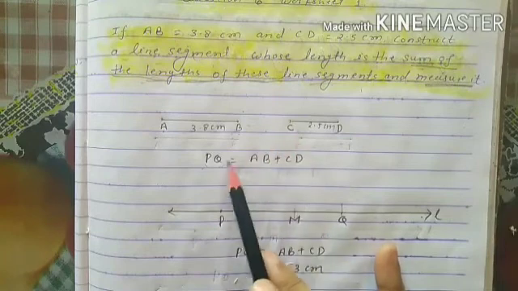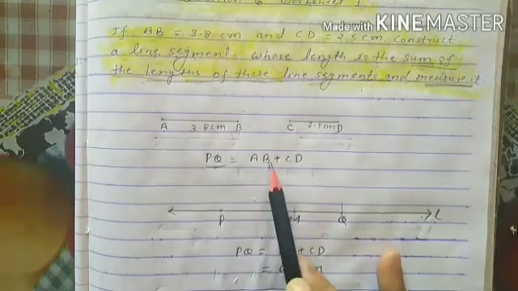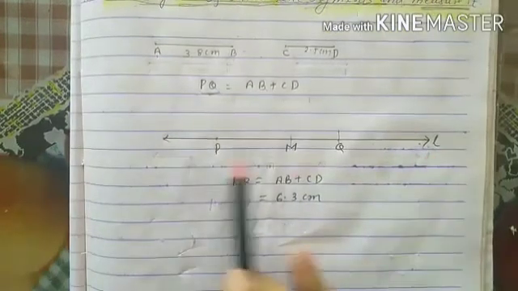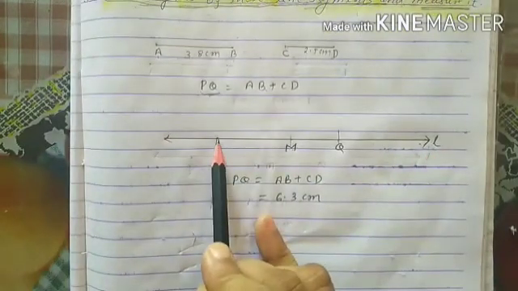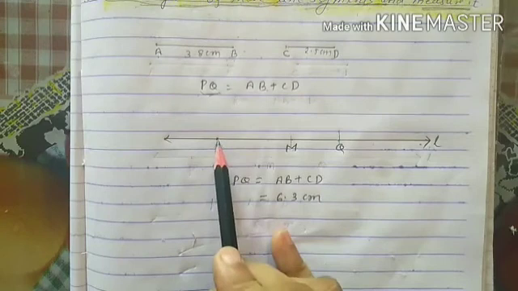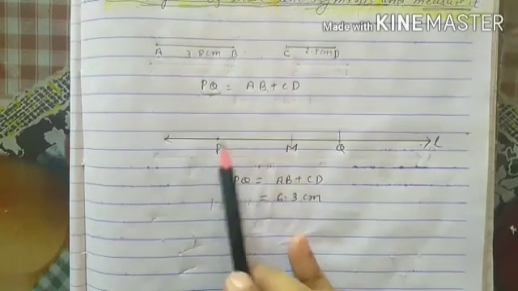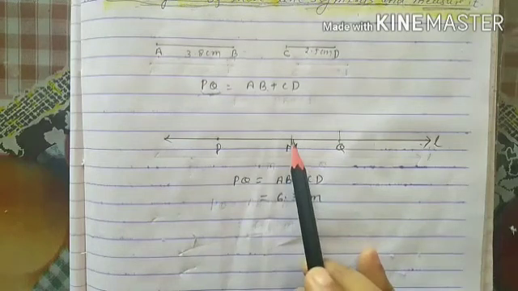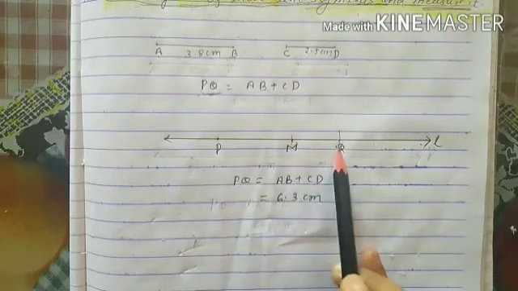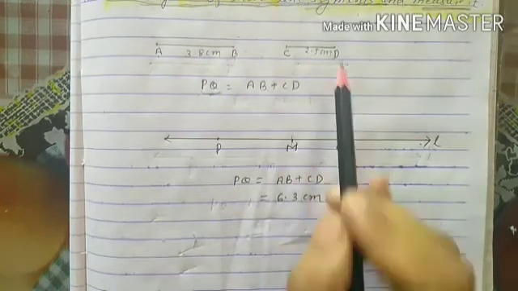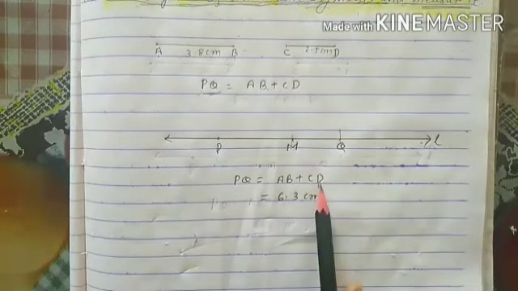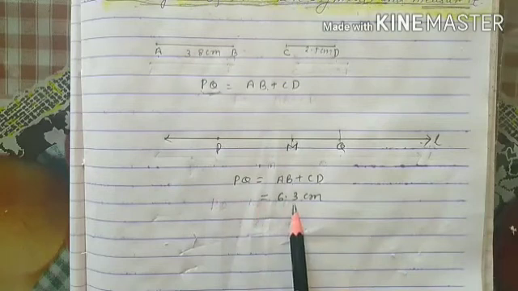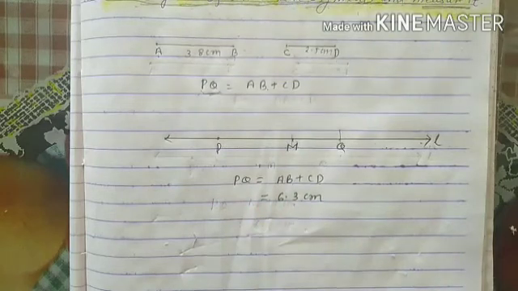Now we have to construct PQ equal to AB plus CD. So for this, draw a line L, take a point P on it and draw an arc which is equal to AB. After that, draw MQ which is equal to CD. So PQ is equal to AB plus CD. After that measure it, then you will get 6.3 centimeter.